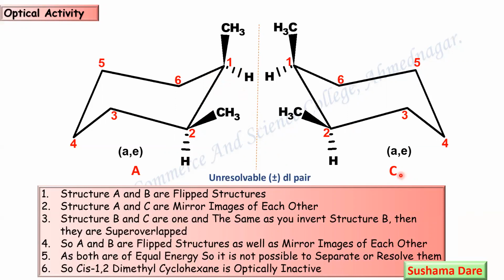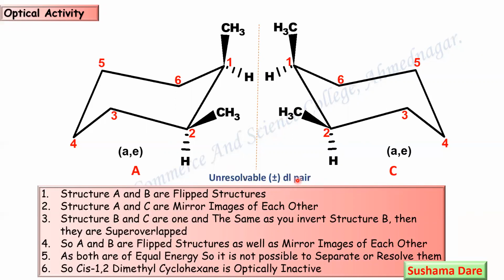So if B and C are the same, then A and B are mirror images of each other, and again they have the same energy, 2.7 kilocalorie per mole. Therefore, it is not possible to separate them, so it exists as an unresolvable DL pair.